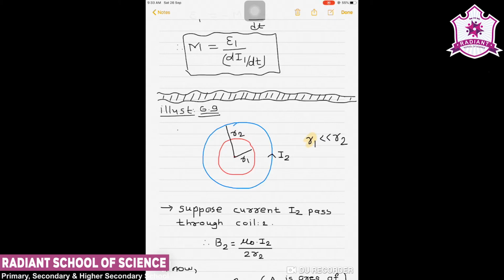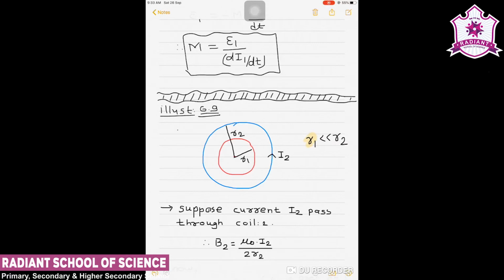Then at the center of the coil, which coincides for both coils, the magnetic field due to coil 2 will be given by mu 0 I over 2r. Here, numbering it 2, B2 equals mu 0 I2 upon 2r2.